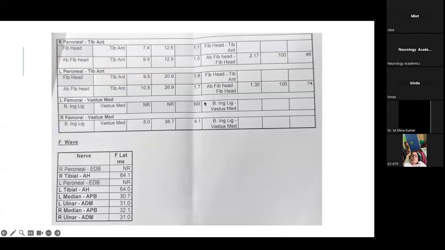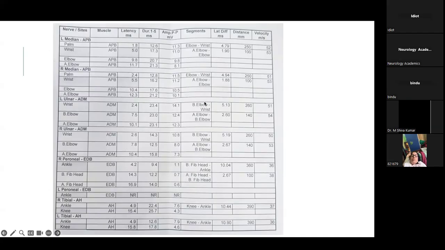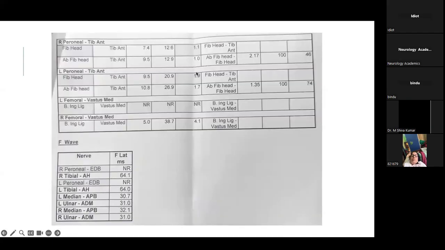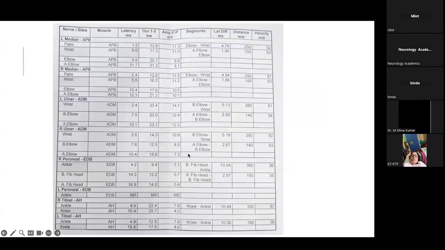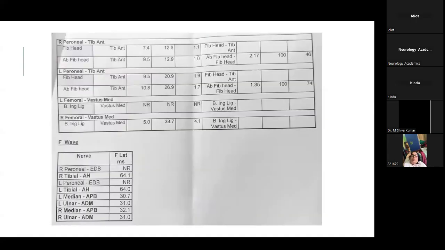Then peroneal proximal, there is poor proximal pickup. Lateral femoral, left femoral CMAPs are non-recordable. Right femoral amplitude is reduced. So in the lower limbs there is peroneal involvement and femoral involvement.